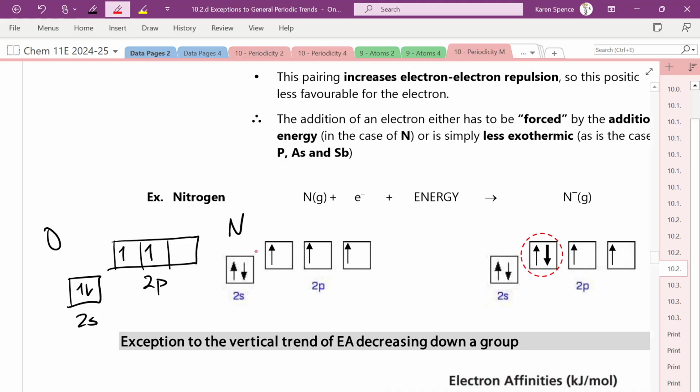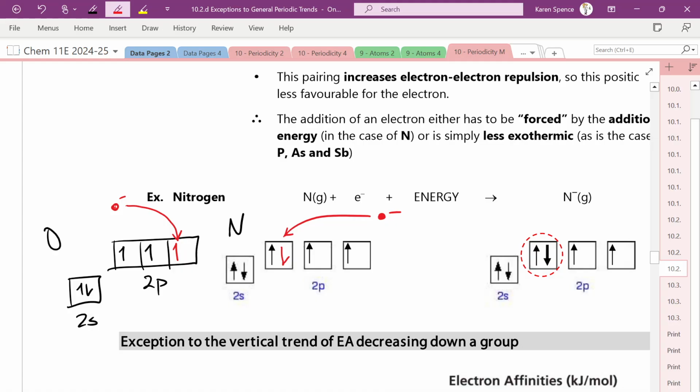The incoming electron for oxygen goes there. The incoming electron for nitrogen goes there.